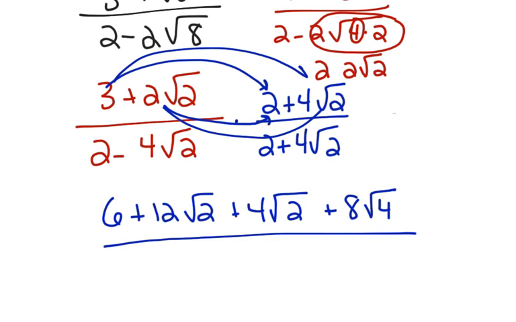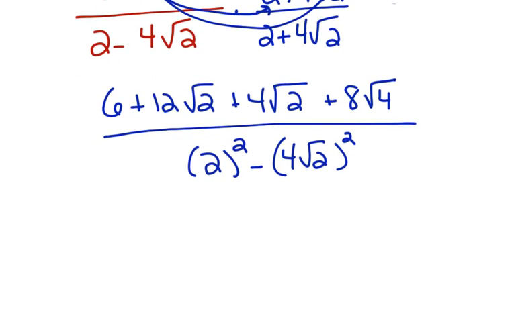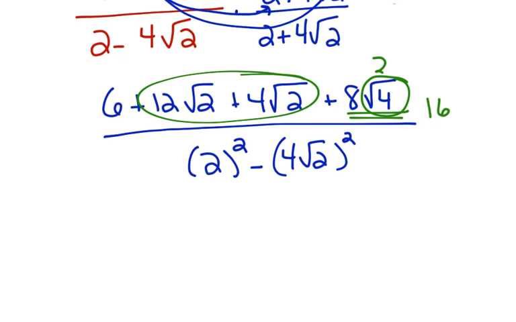Remember, in the denominator, whenever you multiply conjugates, it's always going to be the square of the first term minus the square of the second term. So in the numerator, these are like terms. The square root of 4 is 2, so this whole term becomes 16. So 6 plus 16 is 22 plus 16 the square root of 2.